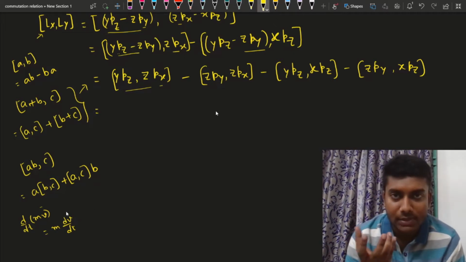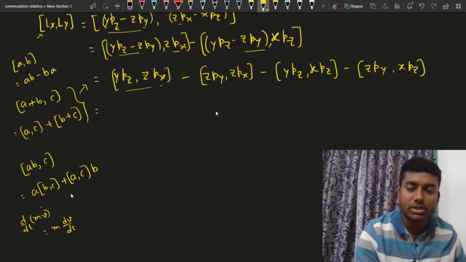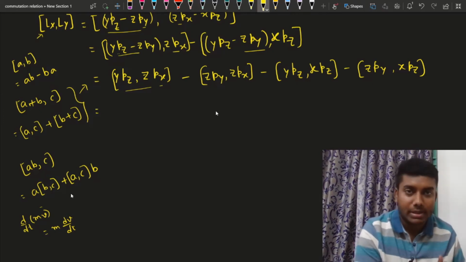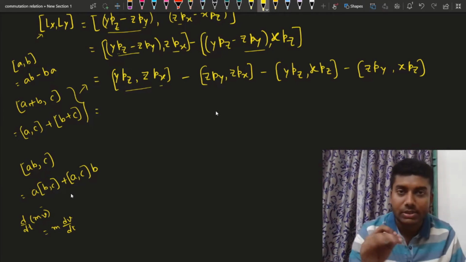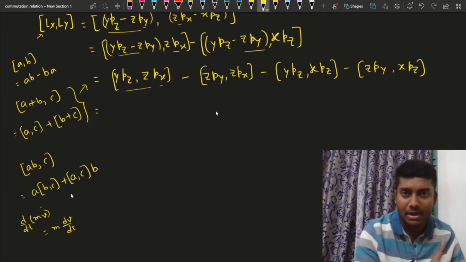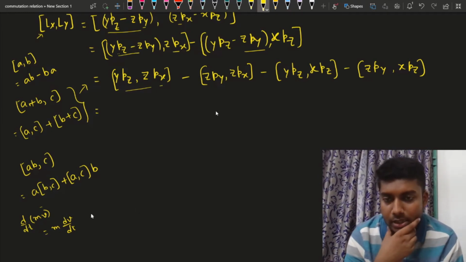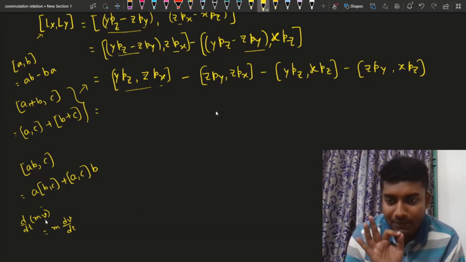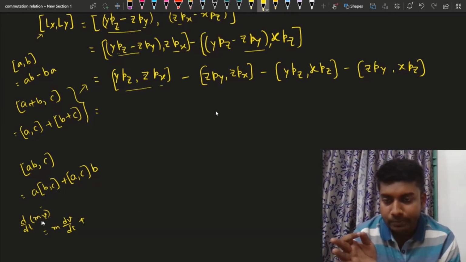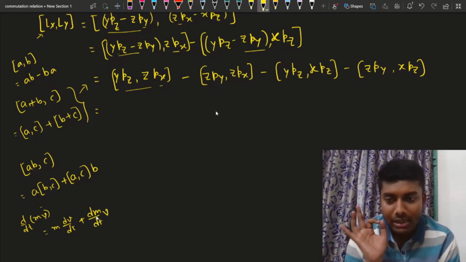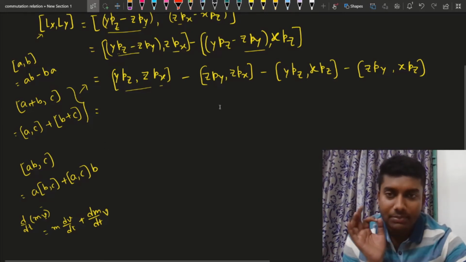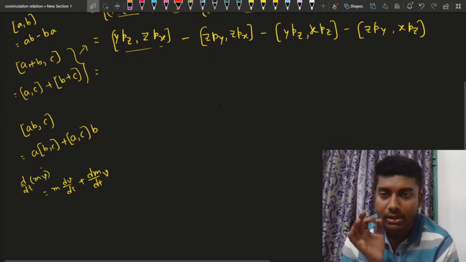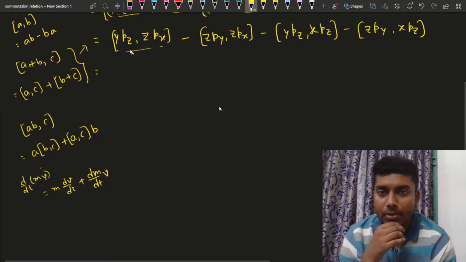The order matters, because in quantum mechanics these are operators, actually matrices, so the order always matters. The actual process is the derivative of m with respect to t times v, with m constant, like this. So we will do the same thing here.